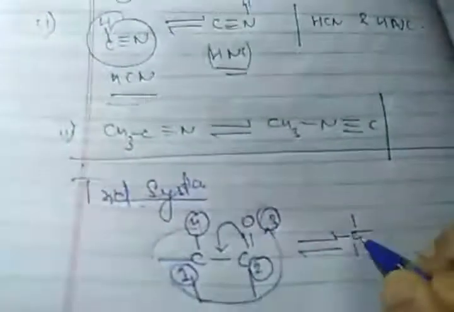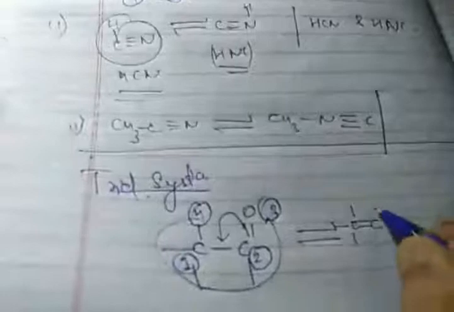It is in dynamic equilibrium too. This particular hydrogen is going to come over here, and this double bond is going to be broken and come over here, giving CH=C-OH.